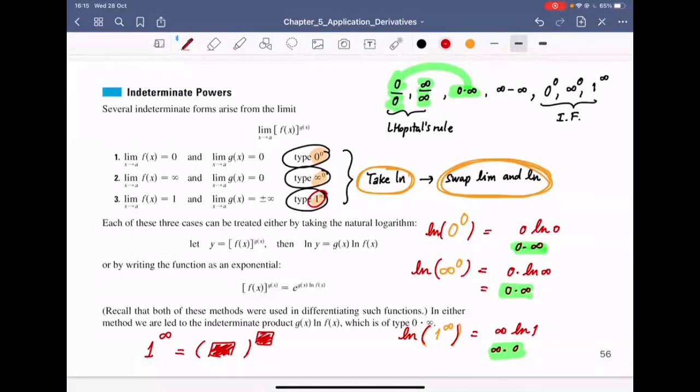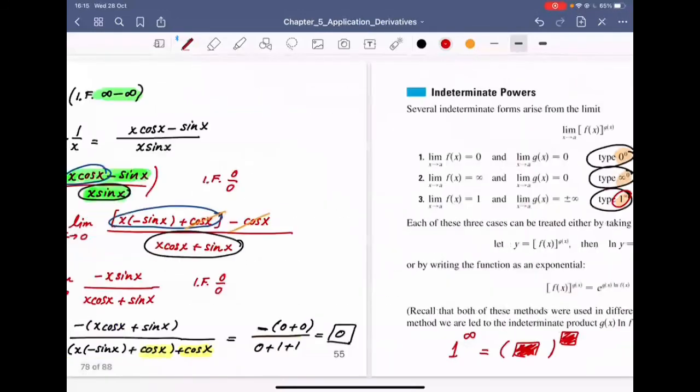All right. Someone says on the chat, is log 0 equal to infinity or negative infinity? Yeah, Pawin, log 0 is negative infinity, right?